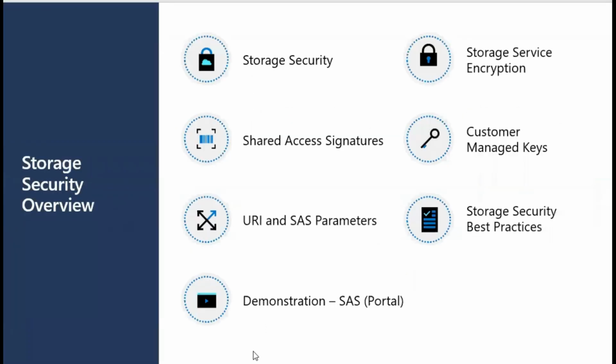Now, storage security. Part of this one, we're going to look at storage security, shared access signatures, URI and SAS parameters, storage encryptions, customer managed keys, and storage security best practices.